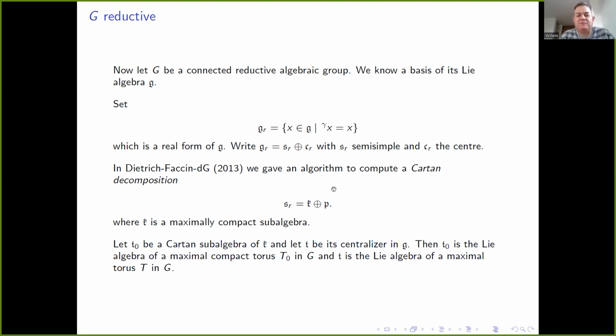And what we do now is we take in this compact subalgebra a Cartan subalgebra, which we call t0, and we take its centralizer in g. Then this t, the centralizer in g, is a Cartan subalgebra of g. And t0 is the Lie algebra of a maximal compact torus T0 in G. So t0 corresponds on the group level to a maximal compact torus, and t corresponds to a maximal torus.